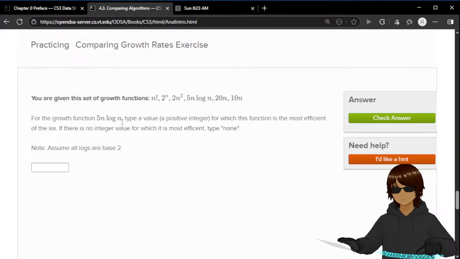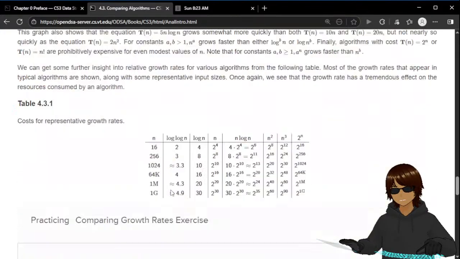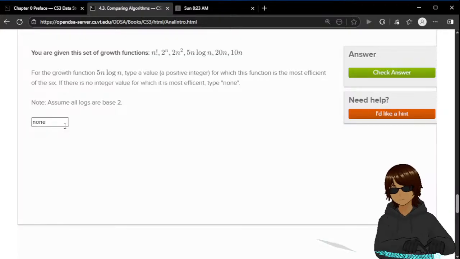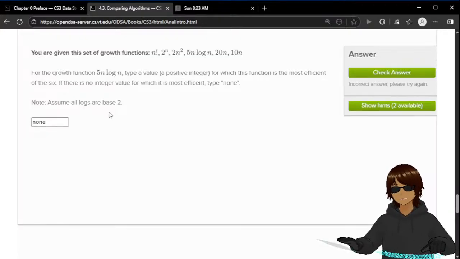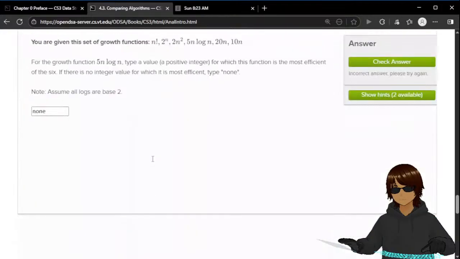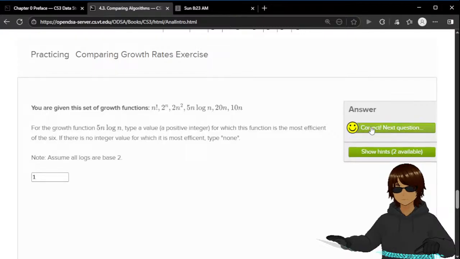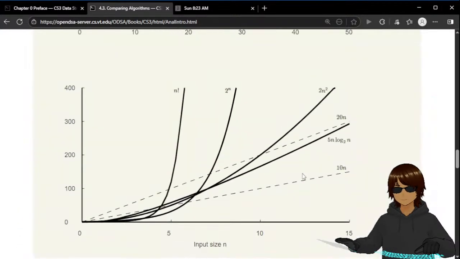For the growth function 5n log n, type a value. Okay, let's see. This one, then I guess it's none. 5n log n. One, two. Really? 1? 5, 1.